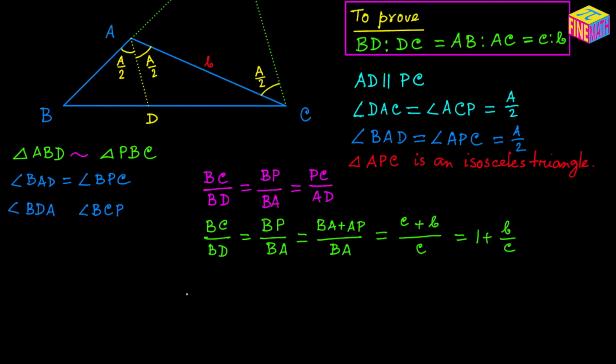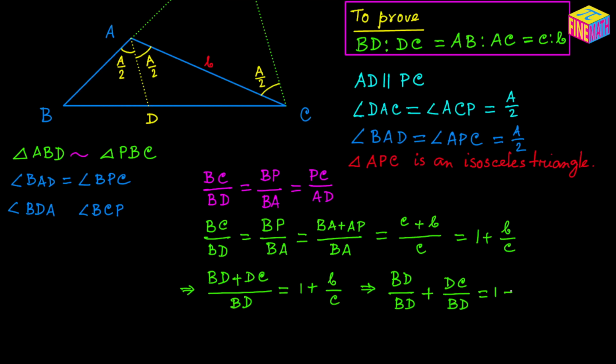And from here, let's see what we can do with this BC over BD ratio. What is BC? BC is actually the sum of BD plus DC, so we can write it as BD plus DC over BD, that is equal to 1 plus b over c. From here we can write it as BD over BD plus DC over BD, equal to 1 plus b over c.